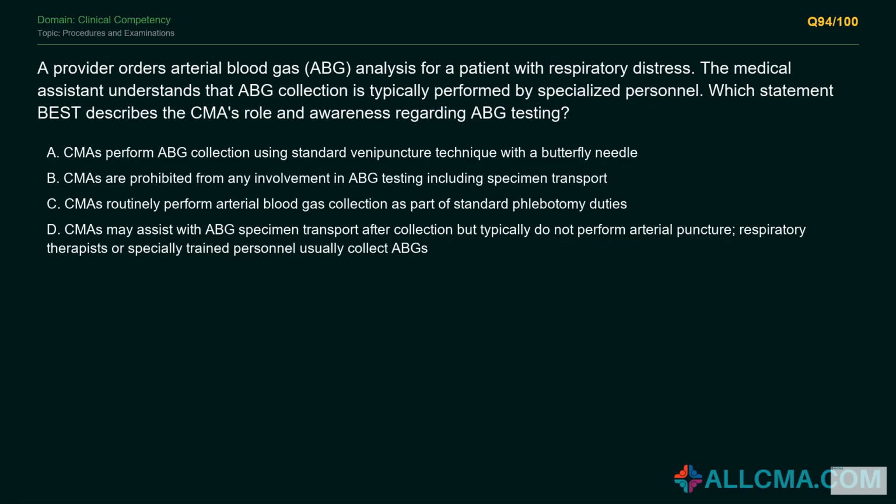Option B. CMAs are prohibited from any involvement in ABG testing, including specimen transport. Option C. CMAs routinely perform arterial blood gas collection as part of standard phlebotomy duties. Option D. CMAs may assist with ABG specimen transport after collection, but typically do not perform arterial puncture. Respiratory therapists or specially trained personnel usually collect ABGs.